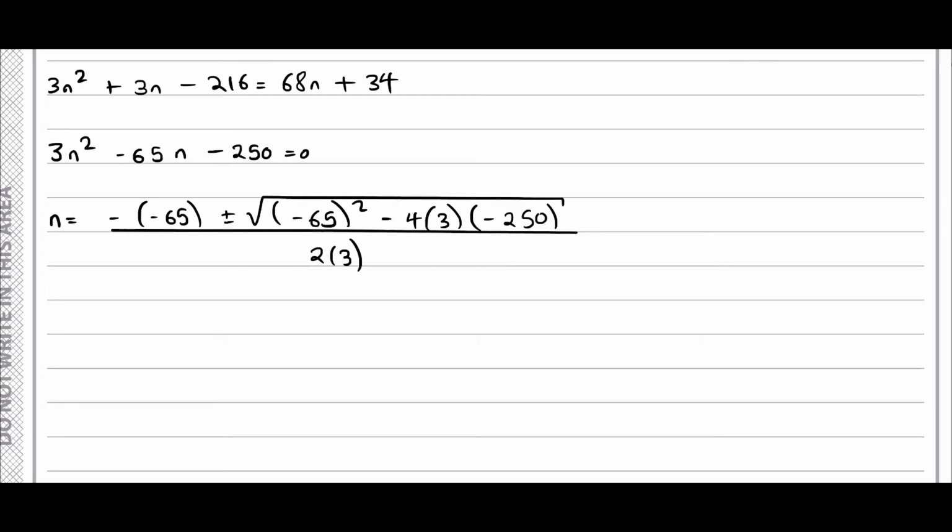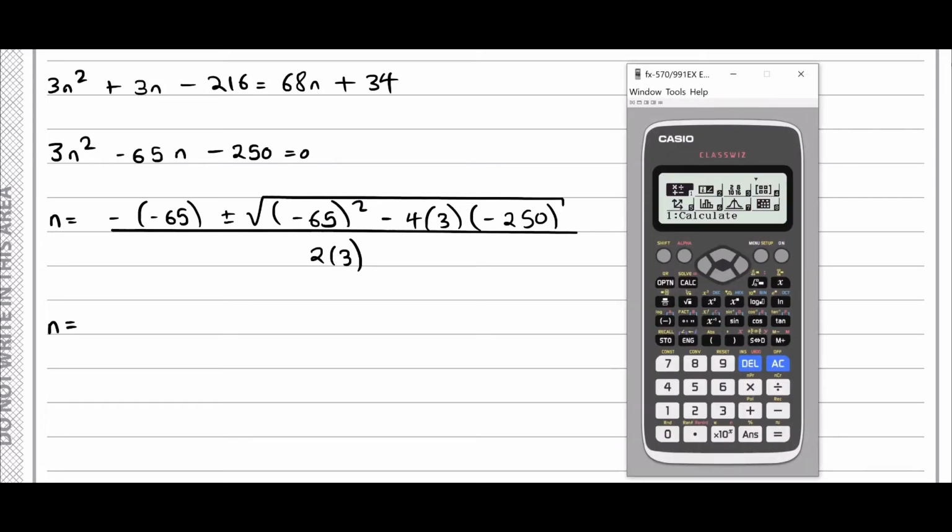With that being said, if we grab our calculator and go into the equation section, we have a polynomial of degree 2 with coefficients 3, minus 65 and minus 250. We end up with 25 and minus 10 over 3. So we see that n is equal to minus 10 over 3 or 25. And since over here n must be greater than 0, we can therefore conclude n is equal to 25. Okay?